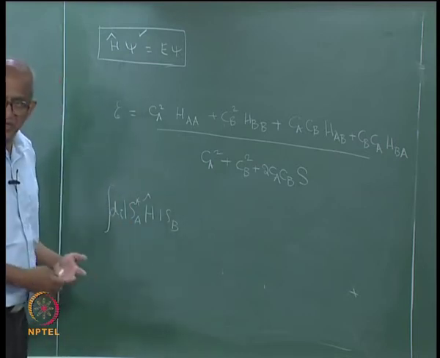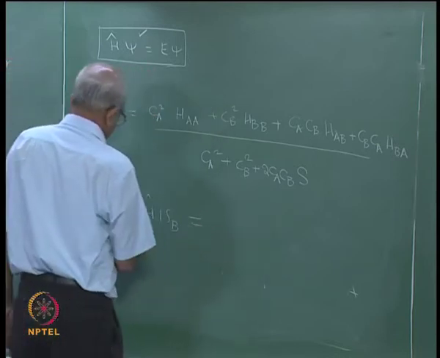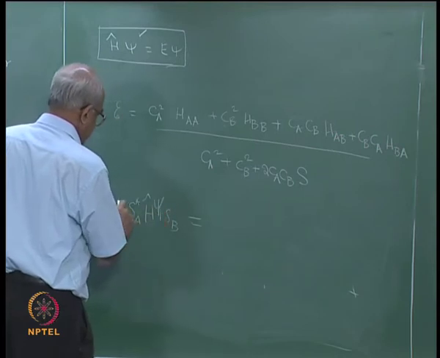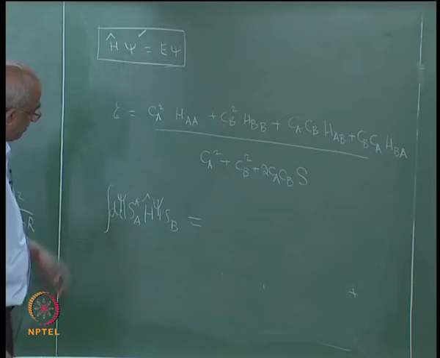correct. A property of a Hermitian operator implies that this must be equal to, well, I keep on forgetting to write the psi, but psi has to be there, psi 1SB, psi 1SA.